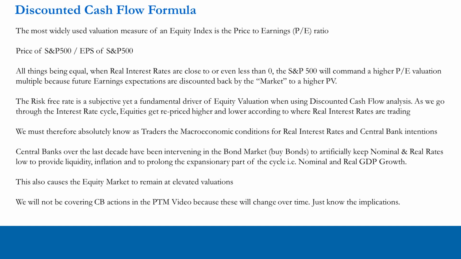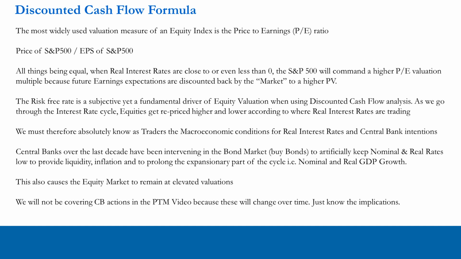Now, we brought it up earlier. Very, very important. Price earnings ratio. It is the most widely used valuation measure of an equity index. Okay. The price of the S&P 500, for example, divided by the EPS of the S&P 500 is the price earnings ratio of the S&P 500.